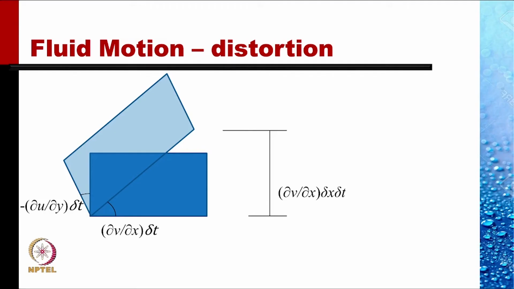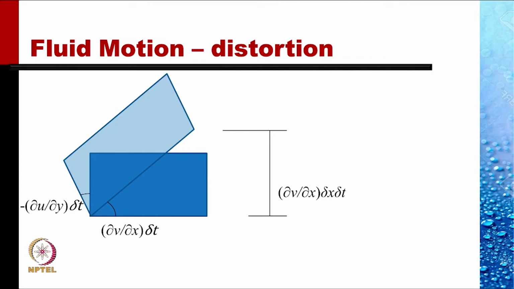The rotation of the fluid element was the average rotation. But what is the distortion? One side is moving counterclockwise, the other side is also moving counterclockwise.